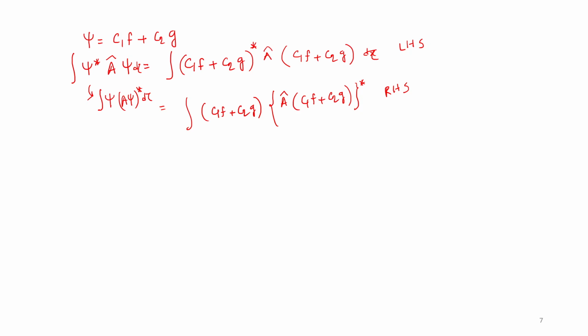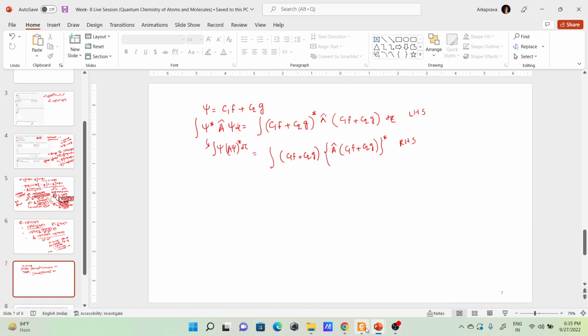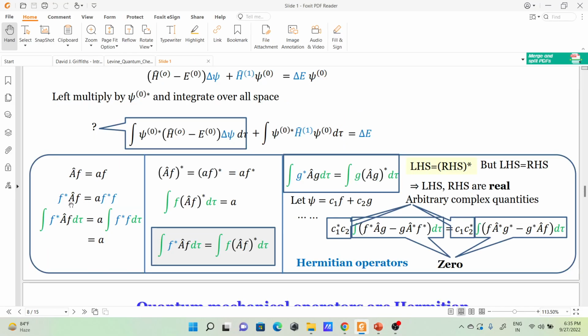For the derivation, we first showed that f star AF is equal to f AF whole star, and the integrations on both sides are equal because f was an eigenfunction. In the true expression, we put psi. That's where I got stuck. Here you are saying that we can take the AF value, so it becomes like that. Then maybe this assumption has been missed out.